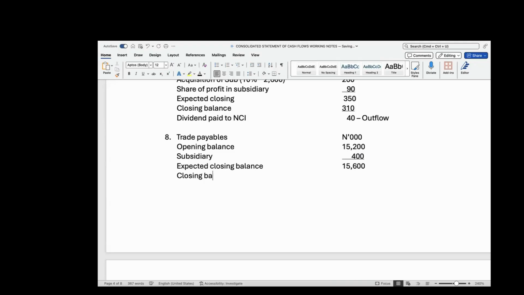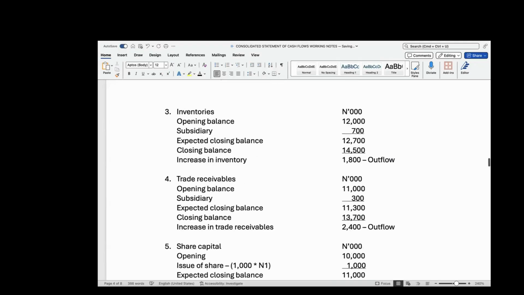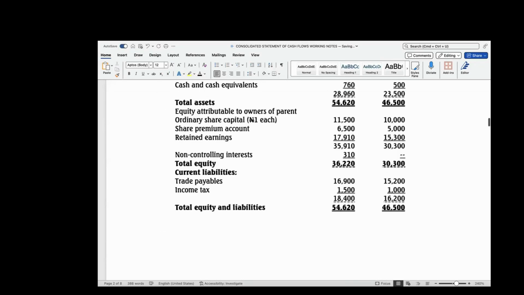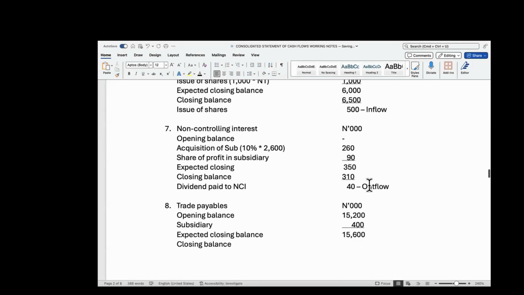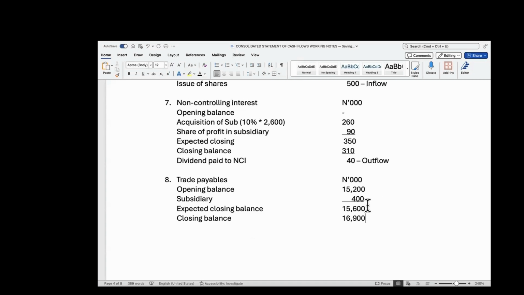What was the closing balance? 16,900. We have an increase in trade payables. What was the increase about? How much? 13. Outflow or inflow? Inflow. Inflow, that's correct.